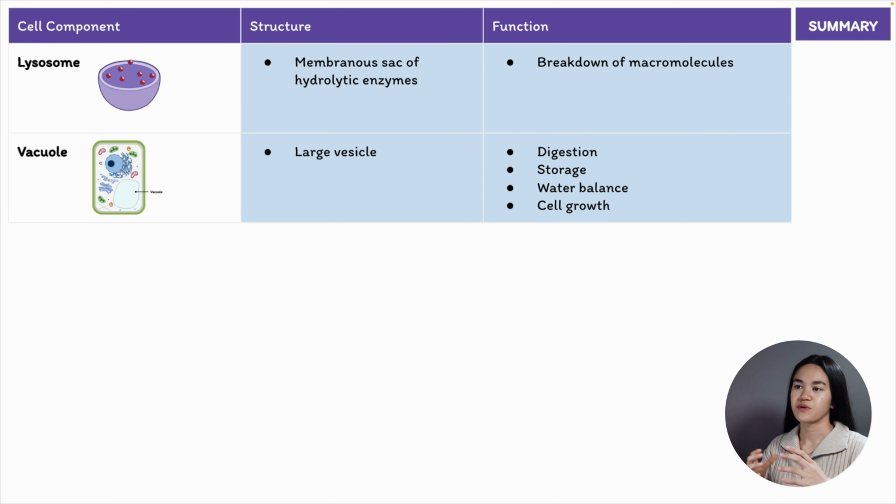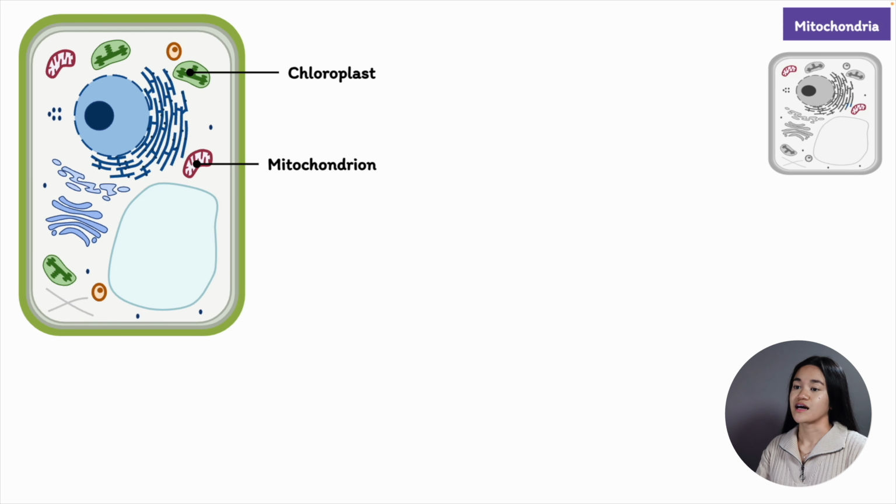Moving forward with the next part of the tour, let's take a look at the organelles that convert energy to forms that cells can use for work: mitochondria and chloroplasts. Mitochondria are the sites of cellular respiration, which is the metabolic activity that uses oxygen to generate ATP by extracting energy from carbohydrates, lipids, and other fuels, the powerhouse of the cell.